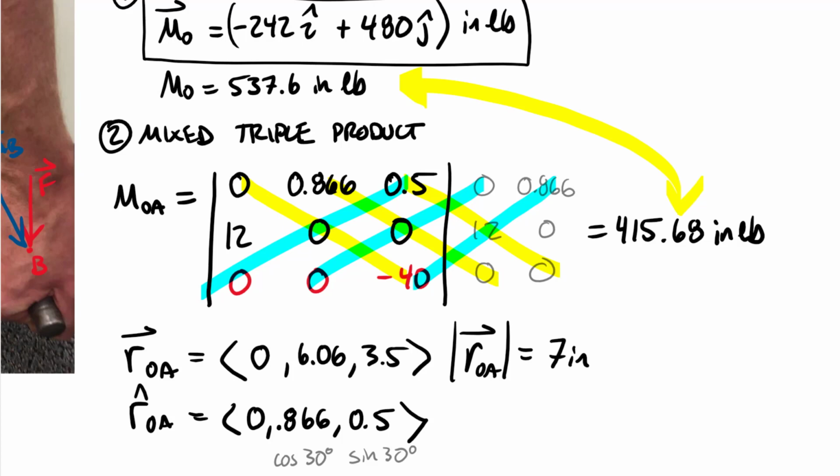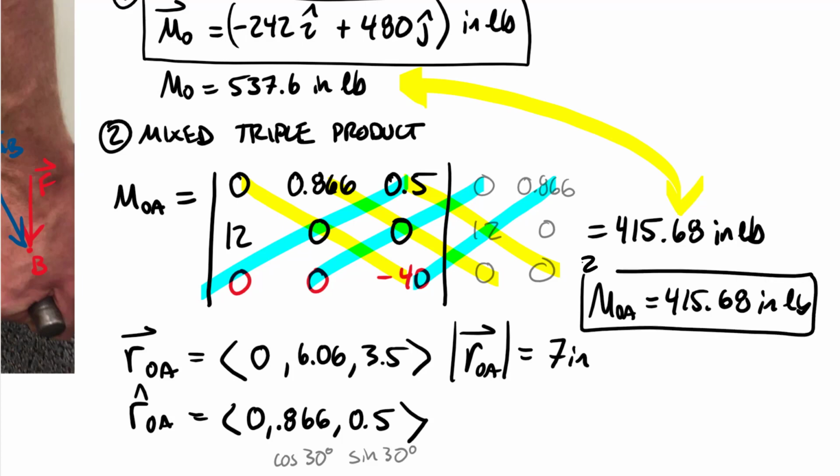Hence that's the only amount of the moment available to actually loosen that bolt, because the bolt itself is along line OA. So this would be my answer. Just to rewrite it out, M of OA is equal to 415.68 inch pounds. This is my answer to part 2.